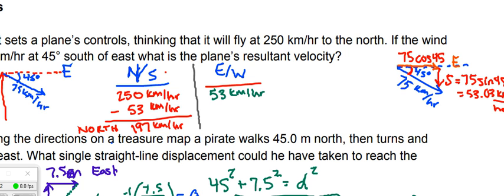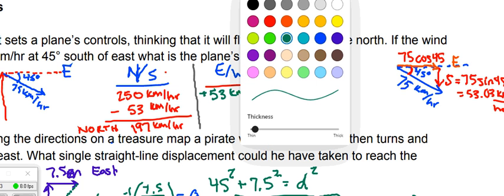And I called east the positive direction, so that's positive because it's going east. Now, those are the components of the velocity. There's an eastward component, the wind's blowing the plane to the east. There's a north component, we're trying to fly really fast, but the wind's slowing us down.